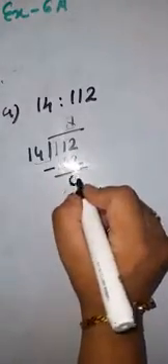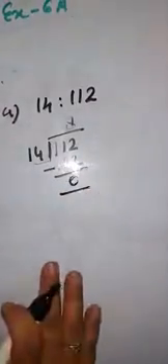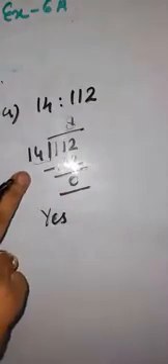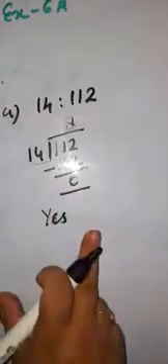Now minus, 0. So the question is asking to find out if the first number is a factor of the second number. Yes. Part A, the first number is the factor of the second number.